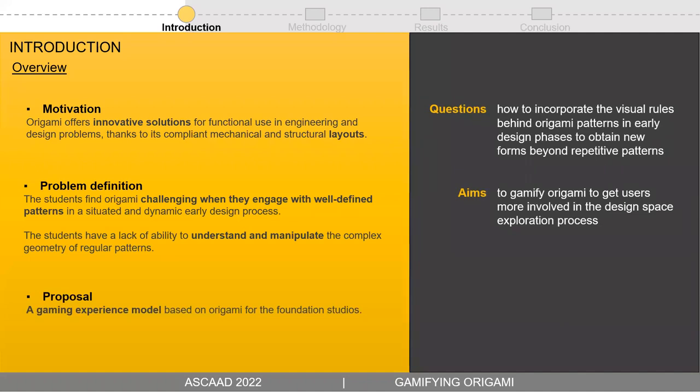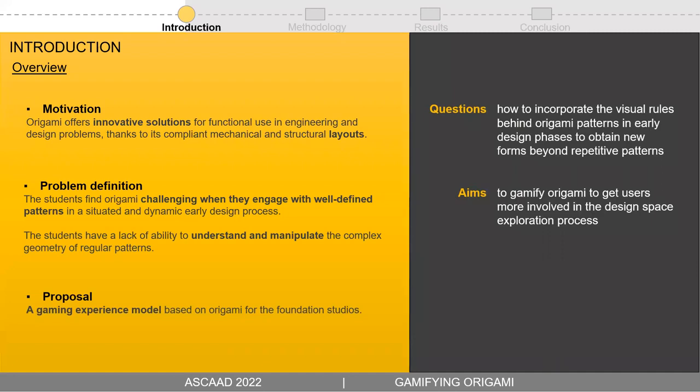Beyond copying the same pattern formally, each pattern's underlying rules promise to extend the design space exploration in an early design process. This study questions how to incorporate the visual rules behind origami patterns in early design phases to obtain new forms beyond repetitive patterns.